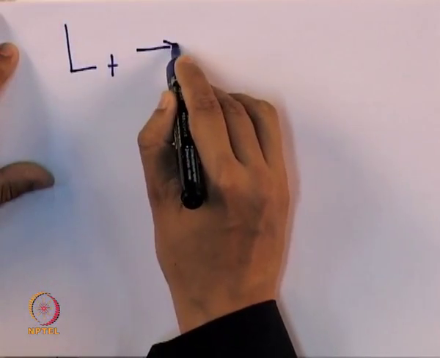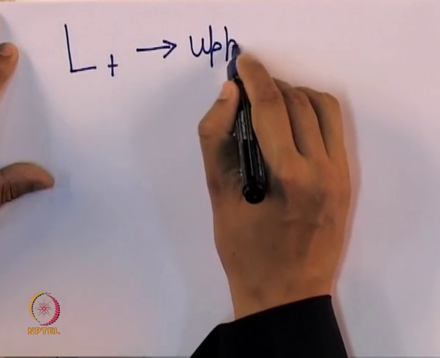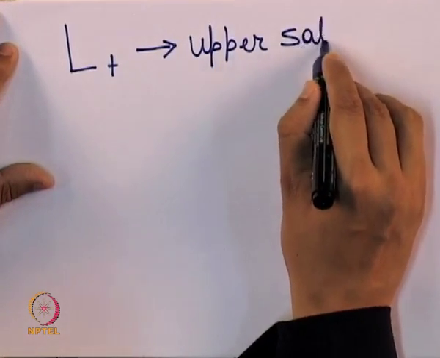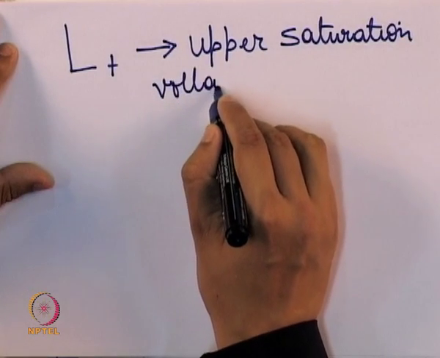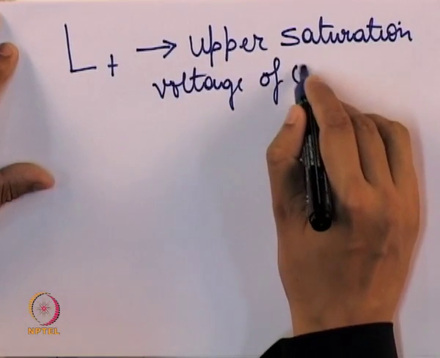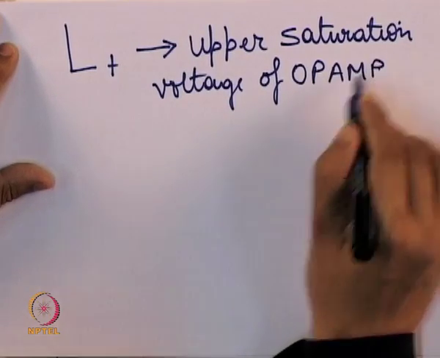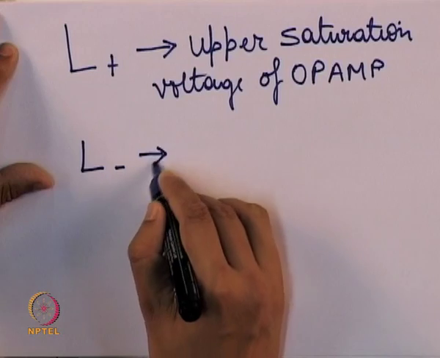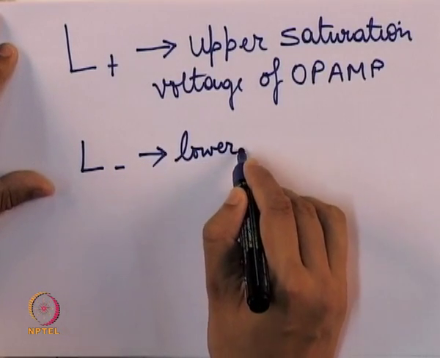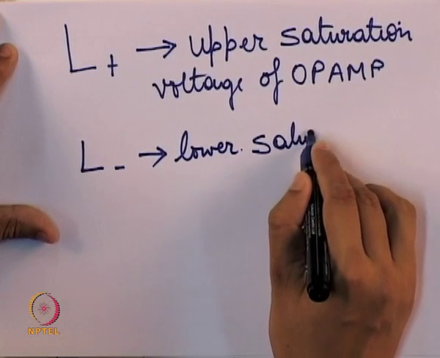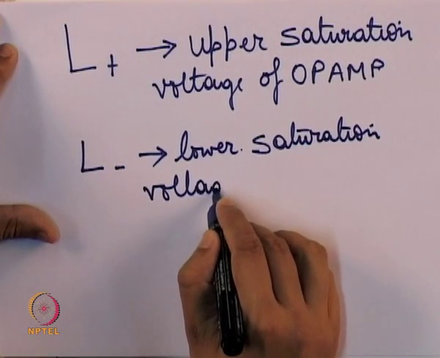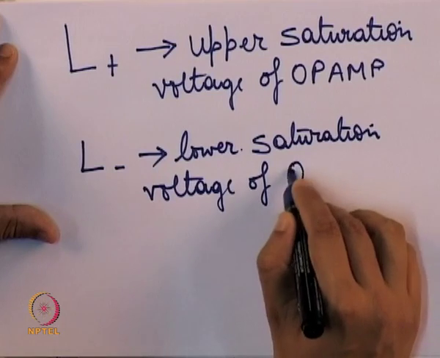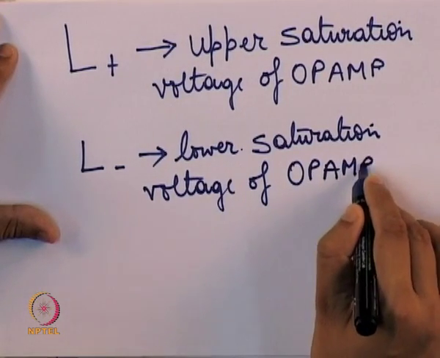So, L plus is the upper saturation voltage and L minus is the lower saturation voltage.